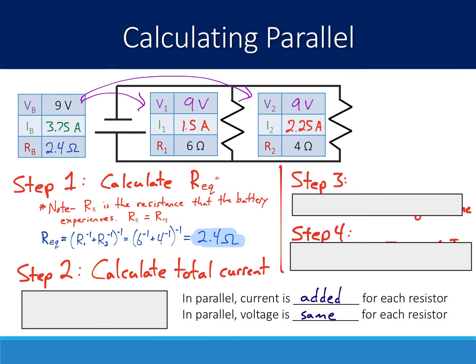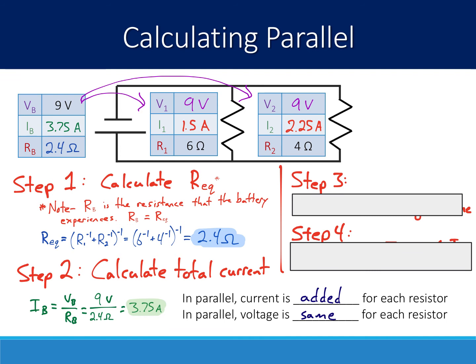But be careful, that 3.75 amps is not happening across each of the branches because in parallel, the current adds. So I need to find out how much current is happening in each of the resistor branches. To do that, I use what I know about the parallel, and I will know that in the parallel branches, the voltage stays the same.